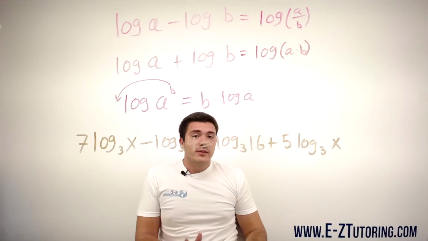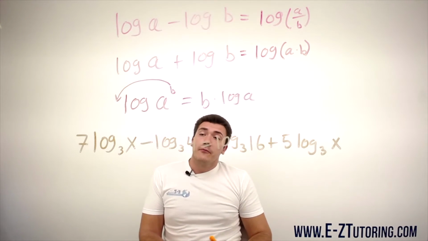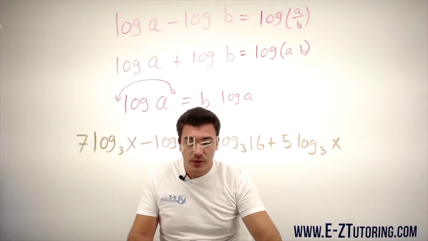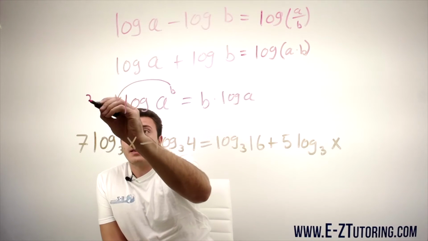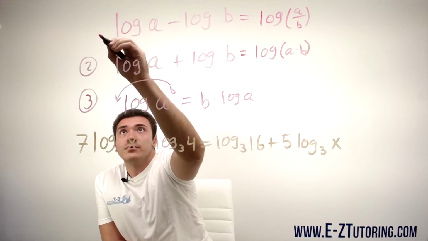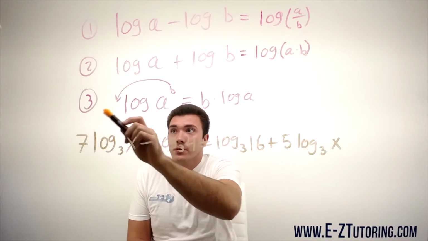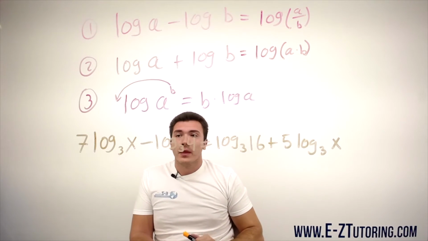So whenever you have to solve something like this, first thing that I recommend doing is this rule. So let's go ahead and label these as rule number 3, 2, and 1. So rule number 3 should always be the first one you do.